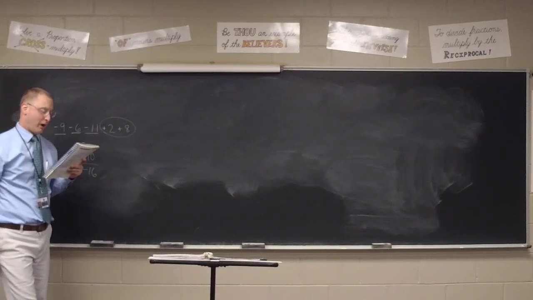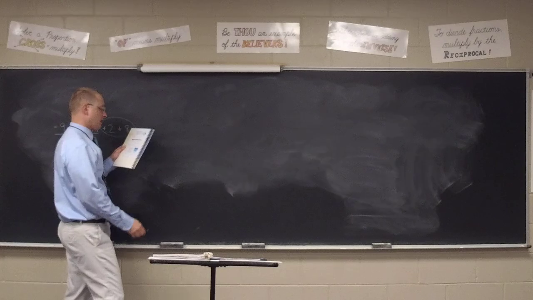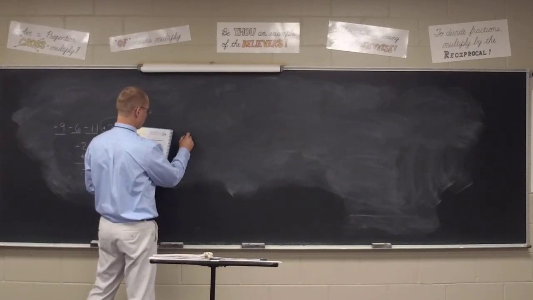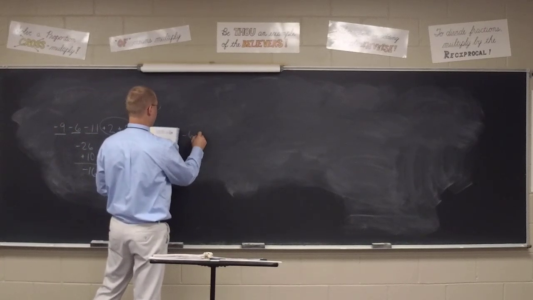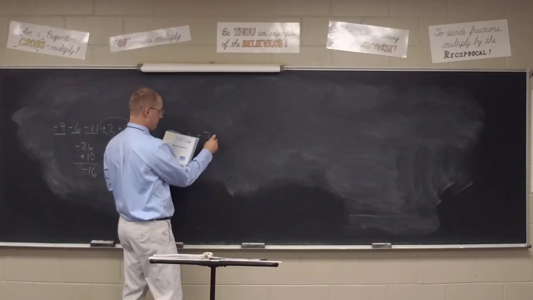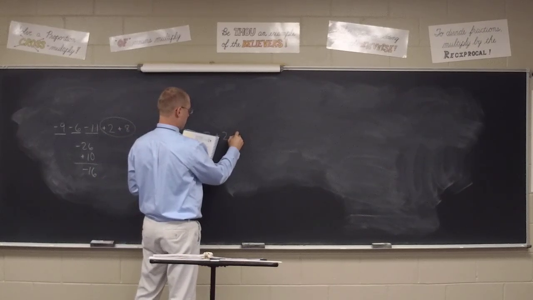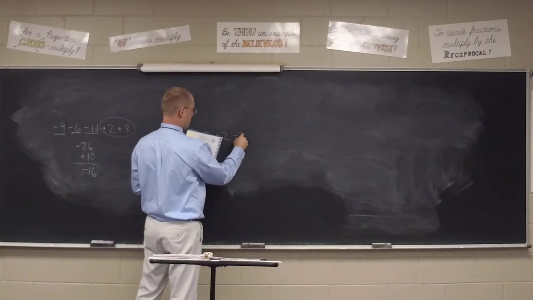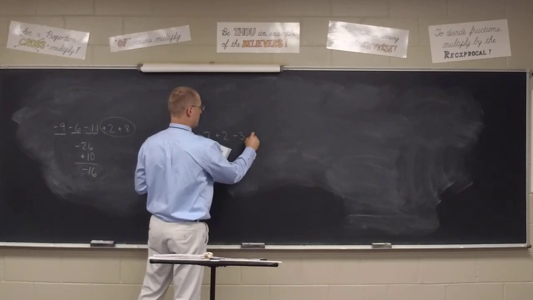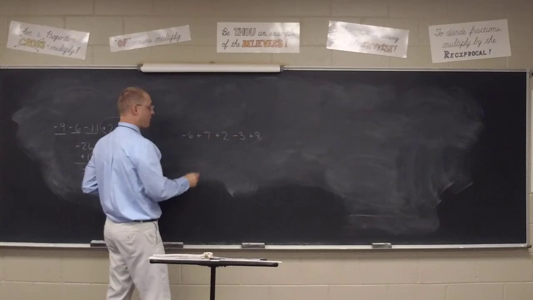Number 52, how should I write that so there's no parentheses? Lexi. Negative 6 plus 7, positive 2, and then negative 3, positive 8. Good. Once again, let's get all of our positives together.